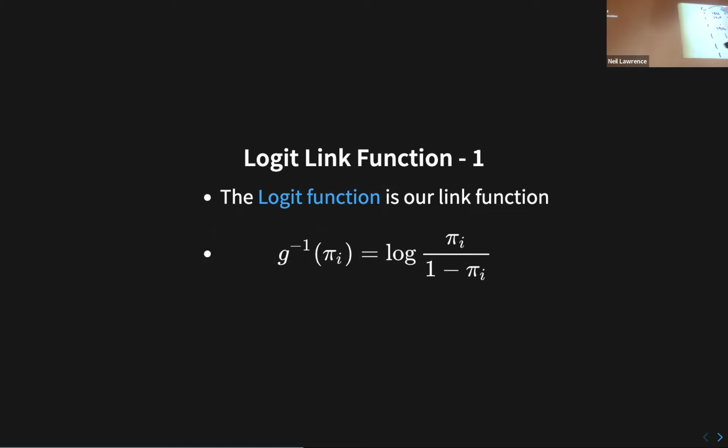So instead of saying that the output we're interested in, which previously was Y, is equal to some linear function of X, what we say is that the log of the probability of positive over 1 minus the probability of negative is equal to W transpose Xi, right?